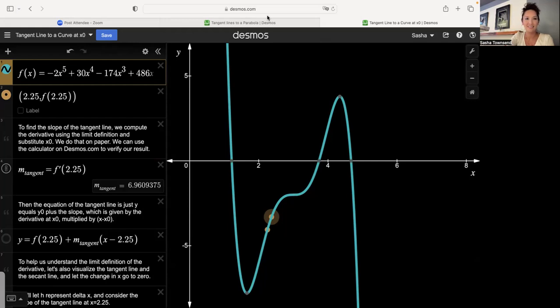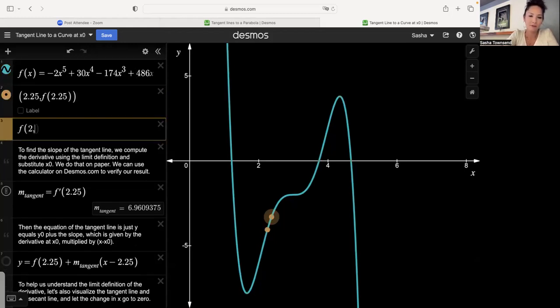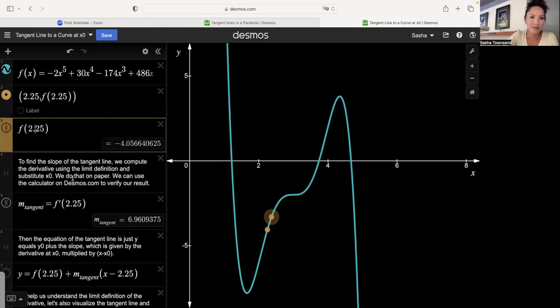And again, I just made up a function that had some interesting points on it. I'm interested in the slope of the function at this location: x equals 2.25, y equals f evaluated at 2.25, which I don't remember what it is. Okay, it's giving me, this should be a point, there we go. It's about -4, which is consistent with what we see in the picture.